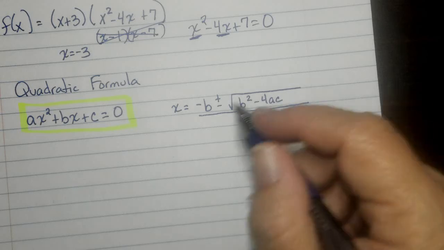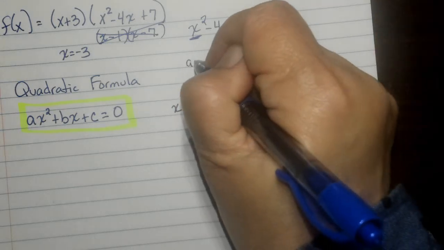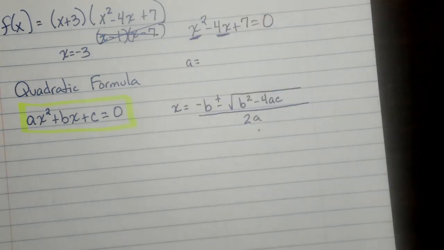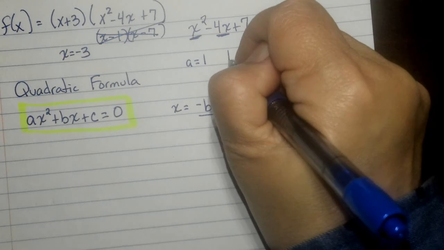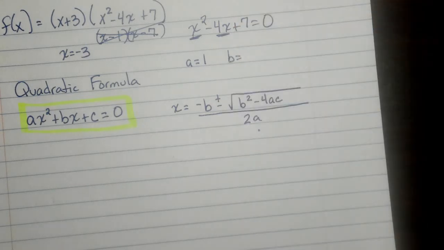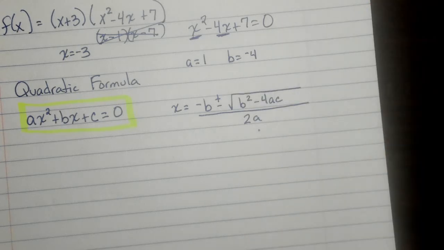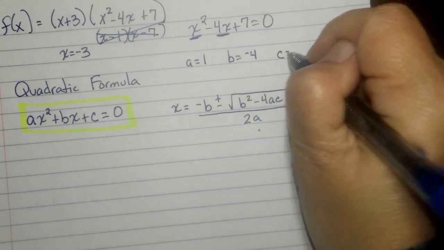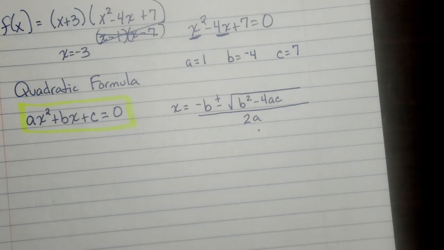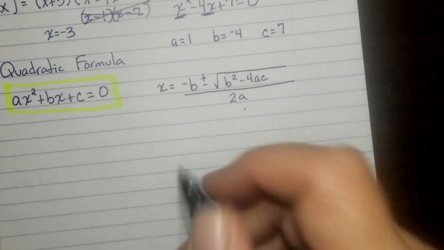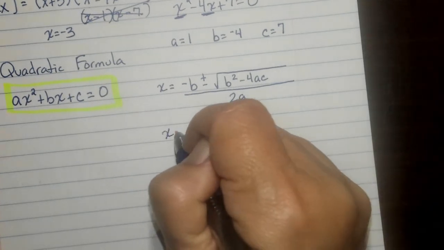My suggestion is that you always start by writing down what A, B, and C equal. So A is your number that's multiplied by x squared, which is 1. B is your number multiplied by x, which in this case is a negative 4. And then C is your constant term, which is a positive 7. Once you've identified A, B, and C, it's a matter of just plugging them into the equation.